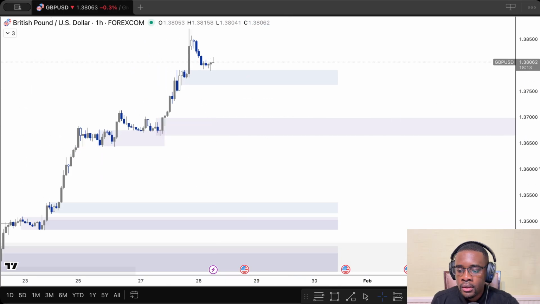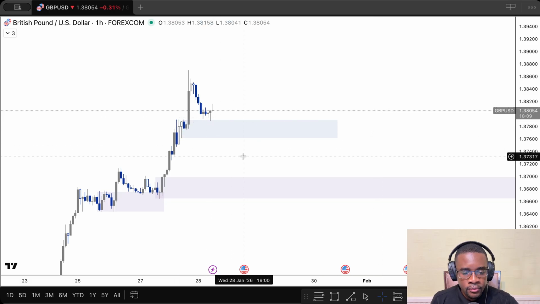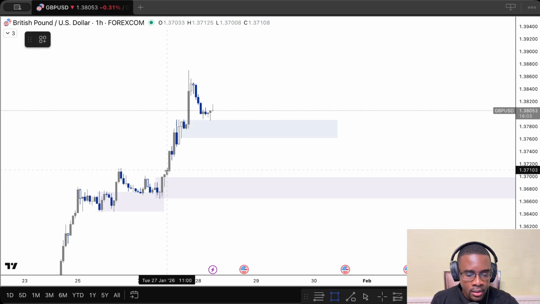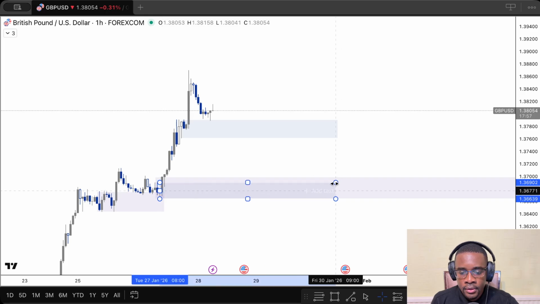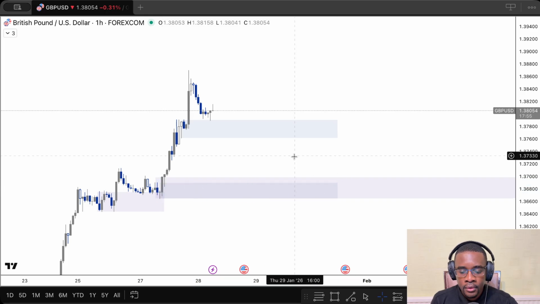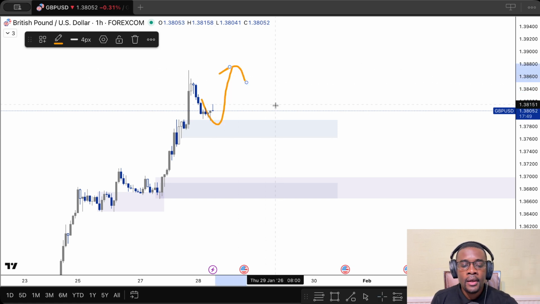So price is already reacting from that point. And obviously if it gets down here, then we'll be looking for longs from down here as well. So strongly bullish on both euro and pound.